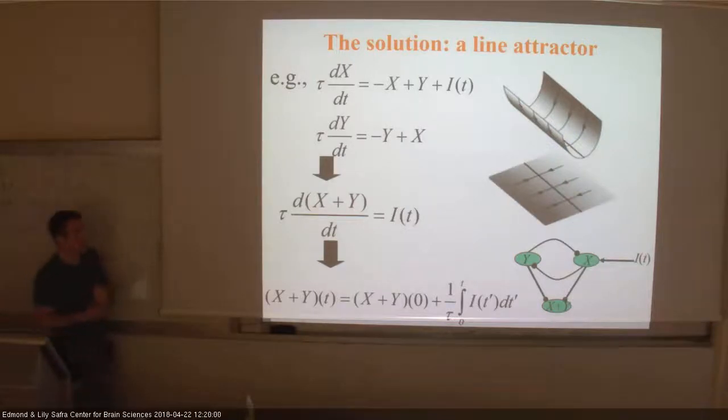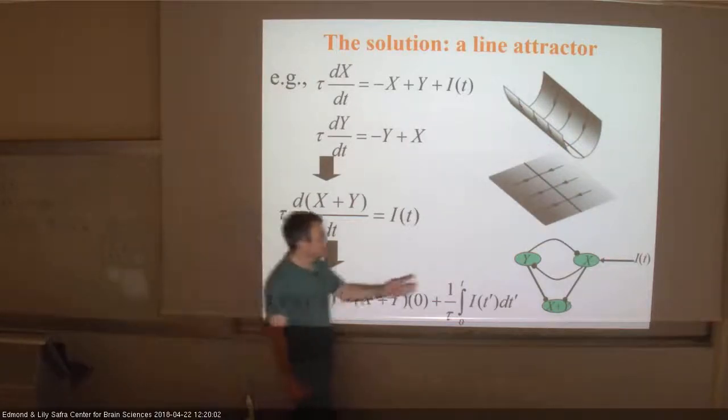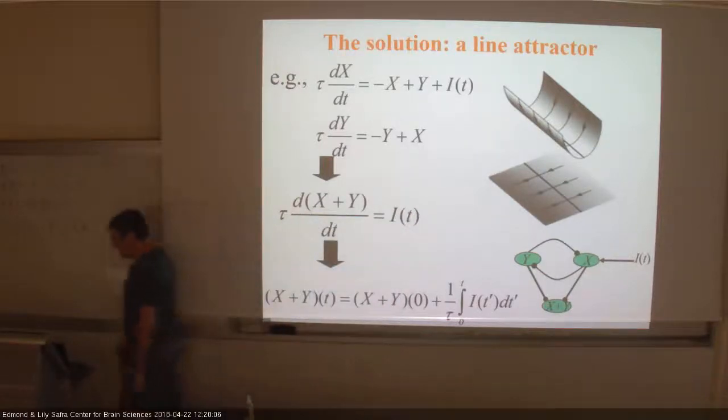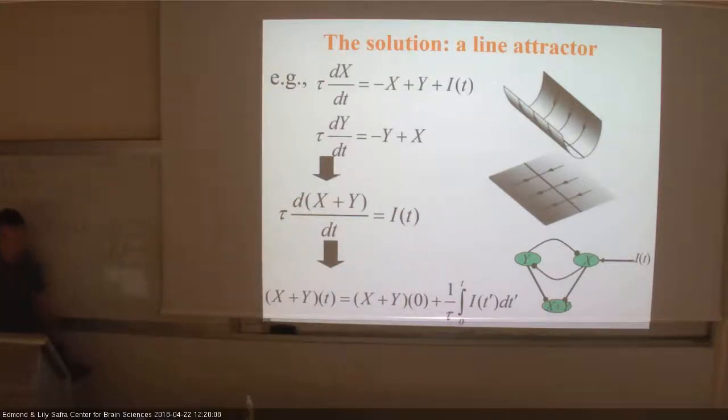Somehow the weights or the connections in the network are such that in one direction the dynamics of the neurons become slow as a result of network interaction. That's one possibility. Another possibility would be that there is something intrinsically slow about the activity of the neurons.